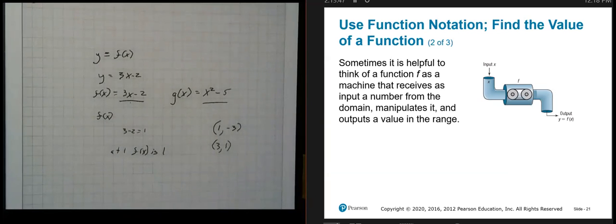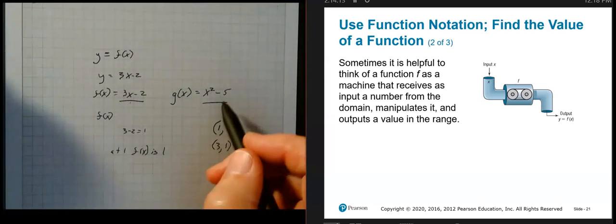Now, for each x value, you get a certain y value. It doesn't matter how many times I put that x value through the machine, I get the same y value back. But other values of x might give me the same y value.